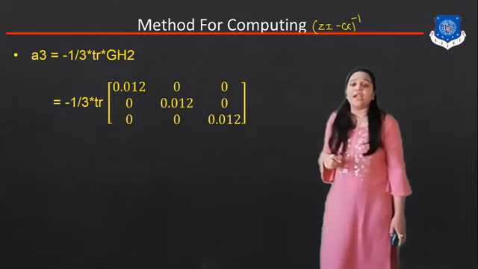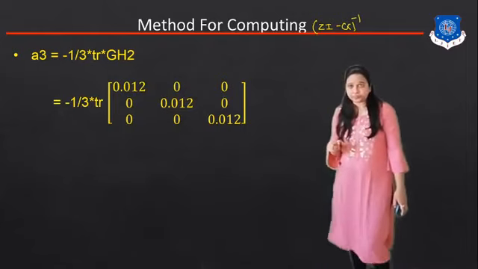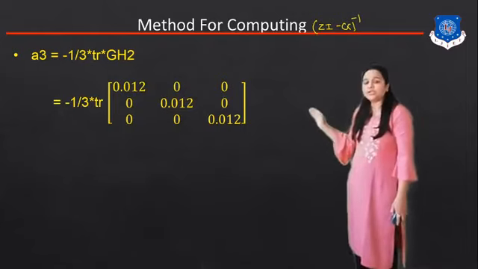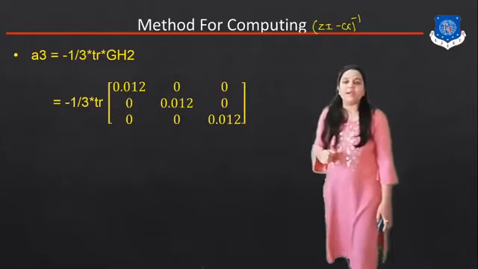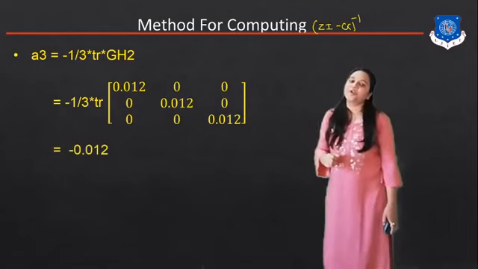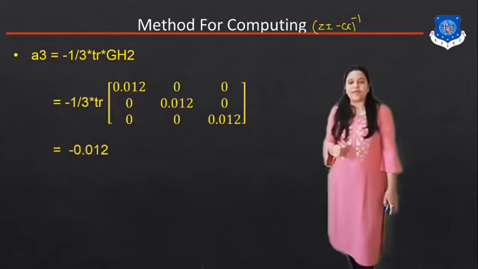Now we have to find the trace. So 0.012 plus 0.012 plus 0.012, and then we divide by 3, so we get minus 0.012. So this is the value of A3.